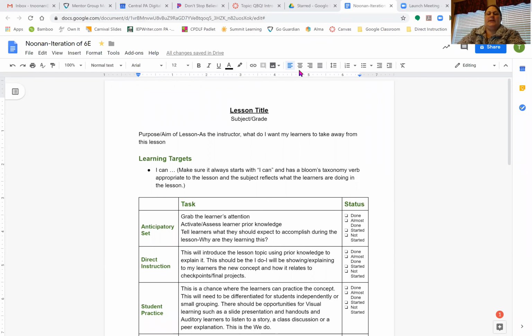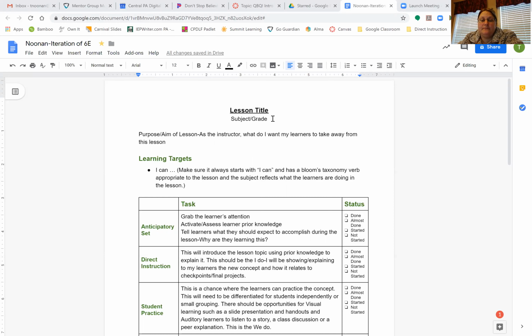So the lesson title, and then I had the subject and the grade. I know that ours is student facing, and we share these 6 E's with our students when we present them weekly. So this is more of a teacher one. I do love the student facing one, and it keeps it simple.